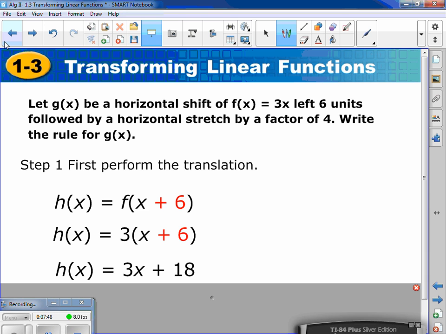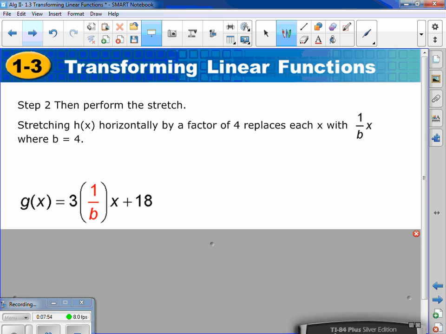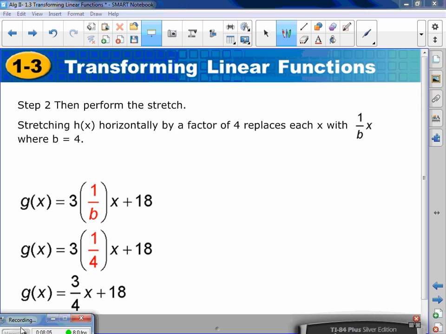So the reciprocal of 3 is 1/3. So I'm going to replace the x with 1/3. Multiply through. Your answer is g of x equals x plus 18.